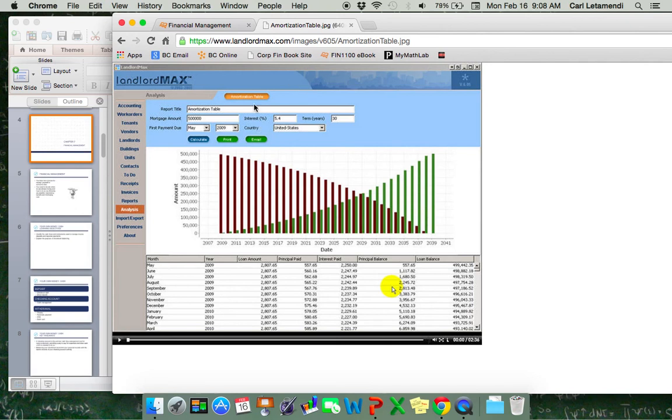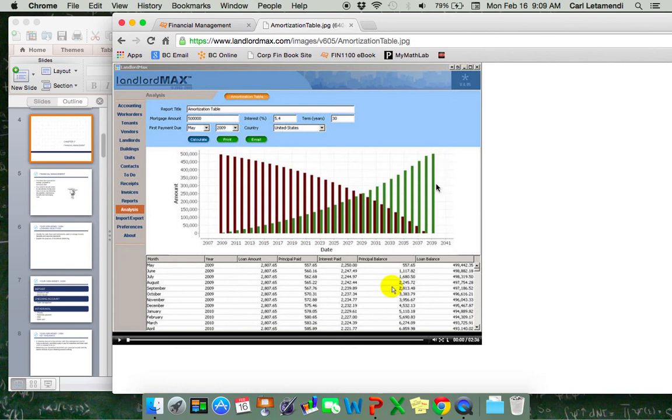It's not that 5.4% of every payment of $2,807 you send gets set aside for their finance charges. They're paying it first, okay? So they're paying themselves first up until 2027, and then you start seeing more principal getting paid.